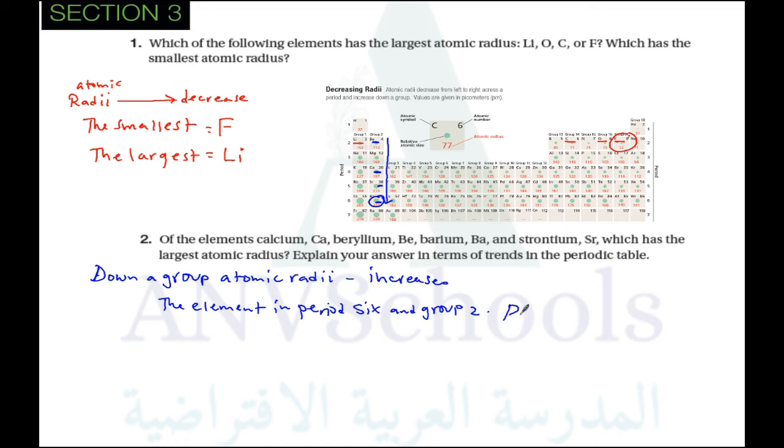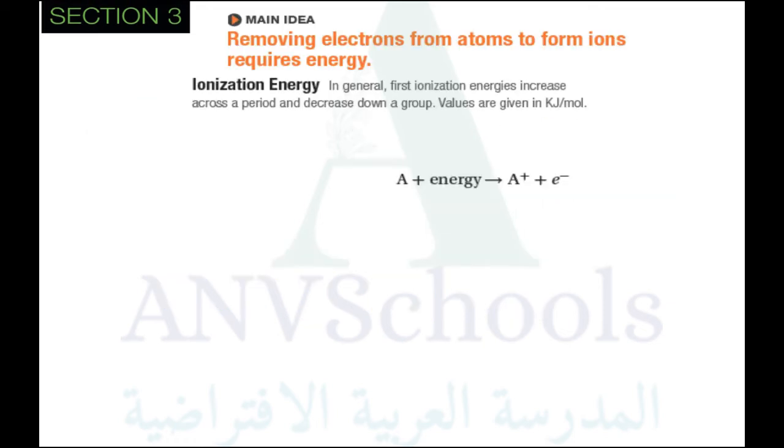So, which is barium? Barium is here, strontium, calcium, magnesium. As you go down the group, the atomic radius increases. And the other important point to characterize an atom is ionization energy.